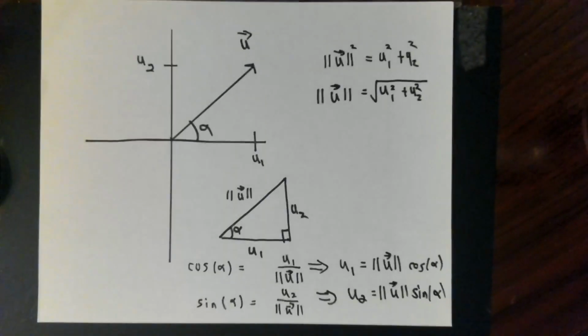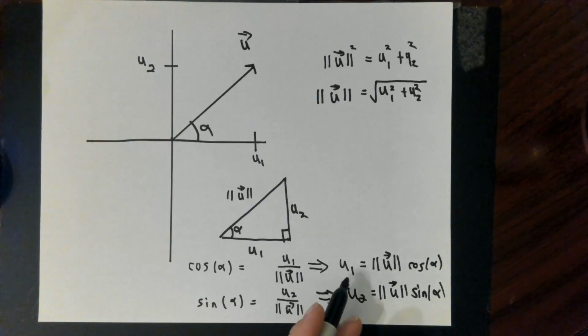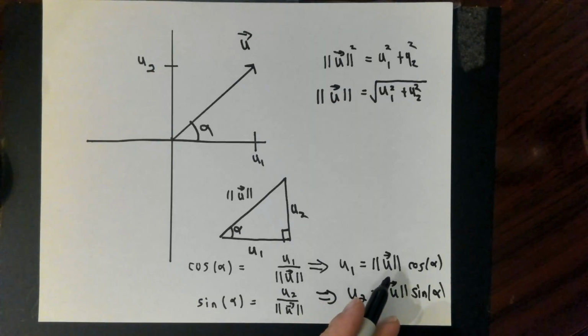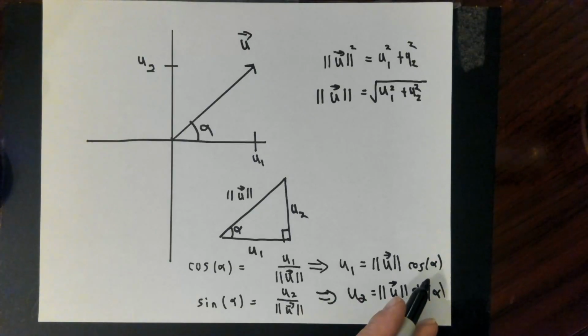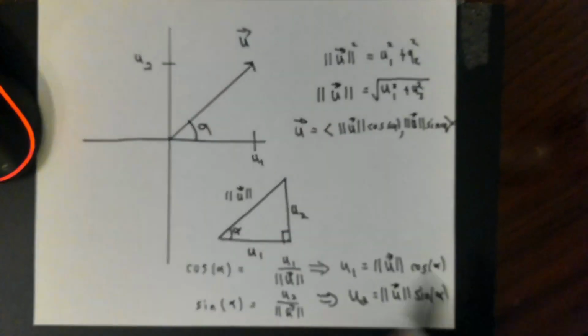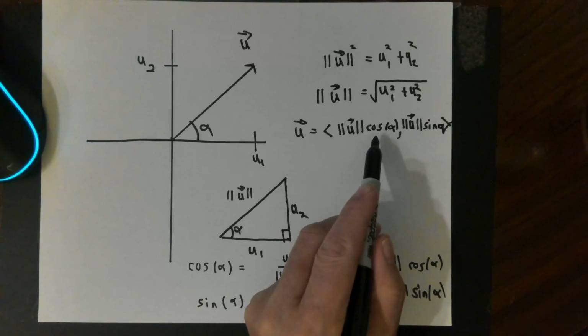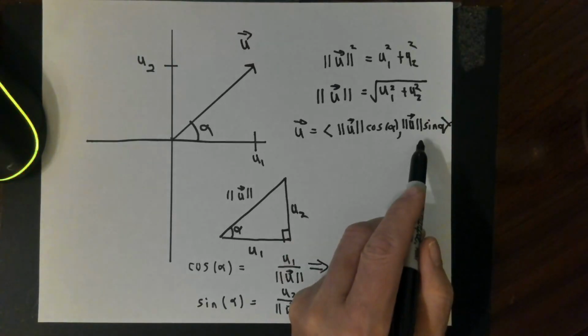You can rearrange these formulas. This one tells me that the first component of u, number 1, is the length of u times cosine alpha. On the other hand, this one tells me that u2 must be the length of u times sine alpha. Vector u has components magnitude of u cosine alpha, magnitude of u sine alpha.